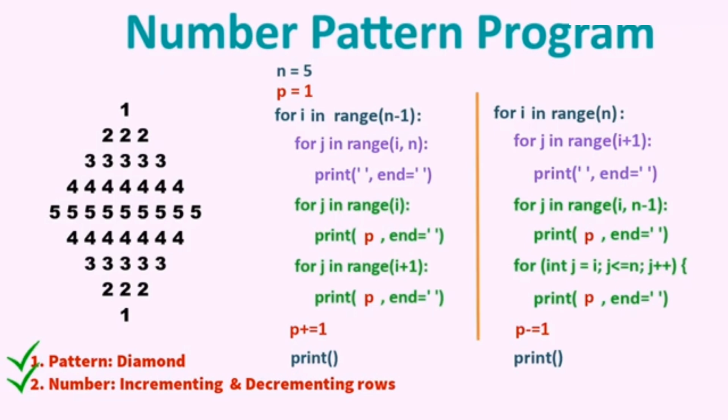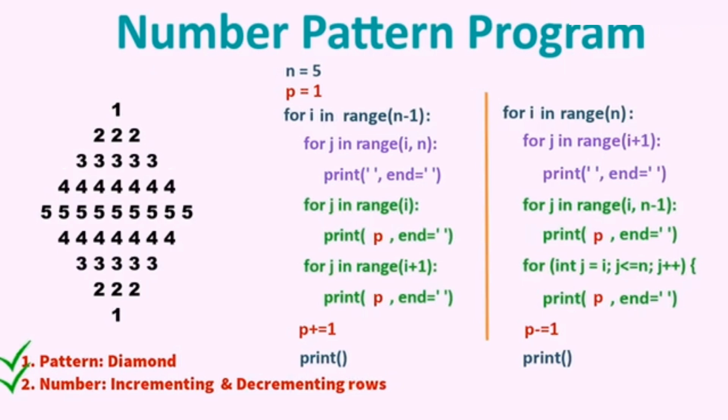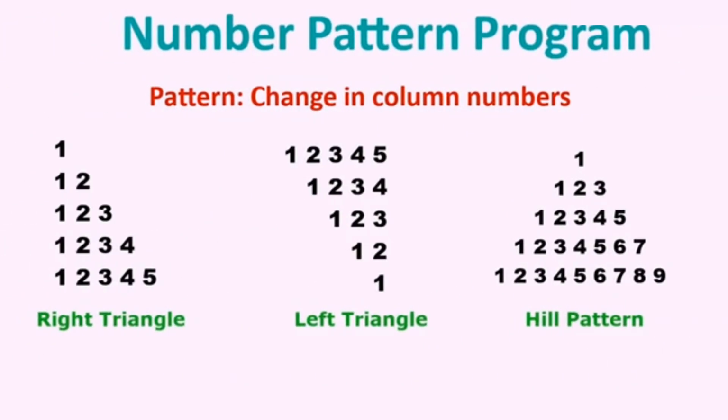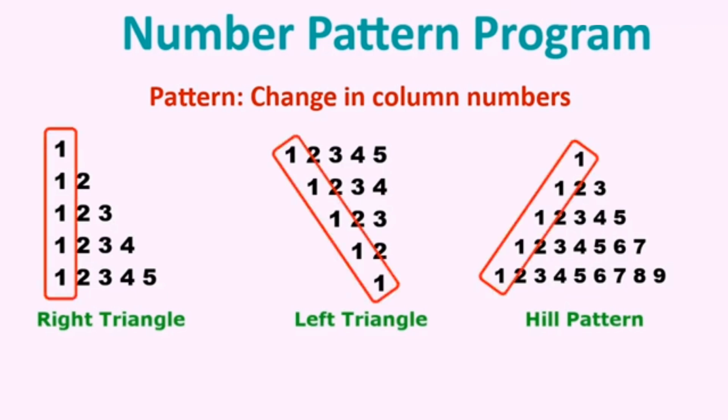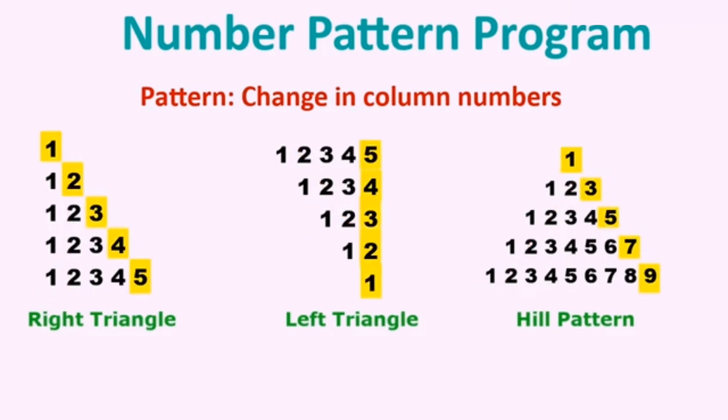Now all this was where the number in a row was constant. What if there was a change in column numbers? Let's see these patterns now. Now we do know that the column printing is managed by our inner loop. What we see in all of these patterns is all rows start with 1 and then increment by 1 till the end of the row.